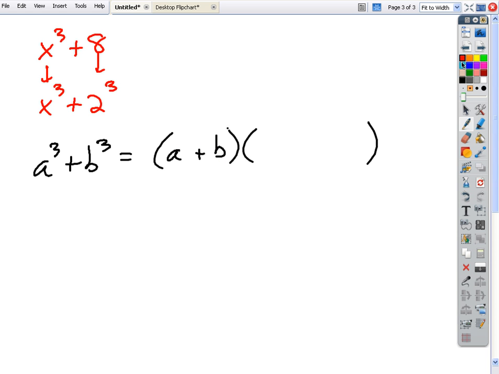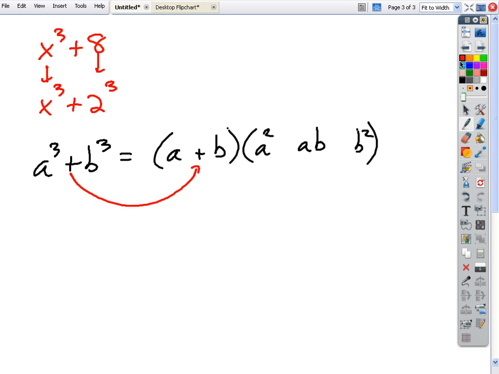So whatever sign that is, goes there. And then the next one has 3 terms, and the powers are always going to add to 2. So I have an a squared term, an ab term, and a b squared term. 2 plus 0, 1 plus 1, 0 plus 2, they all add to 2.